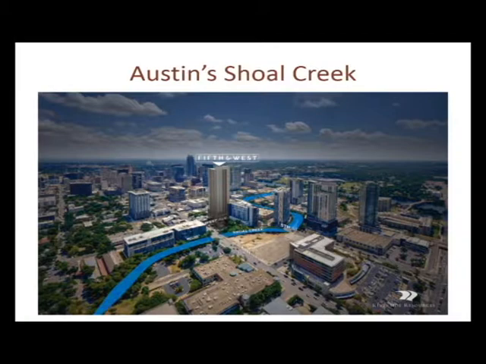Texas cities are also experiencing growth in creekfront developments. Shoal Creek restoration and development in Austin is attracting billions of dollars in investments around a restored and functional riparian area. The project is designed to buffer floodwater runoff and become a host to lush natural surroundings in the midst of high-density urban development.